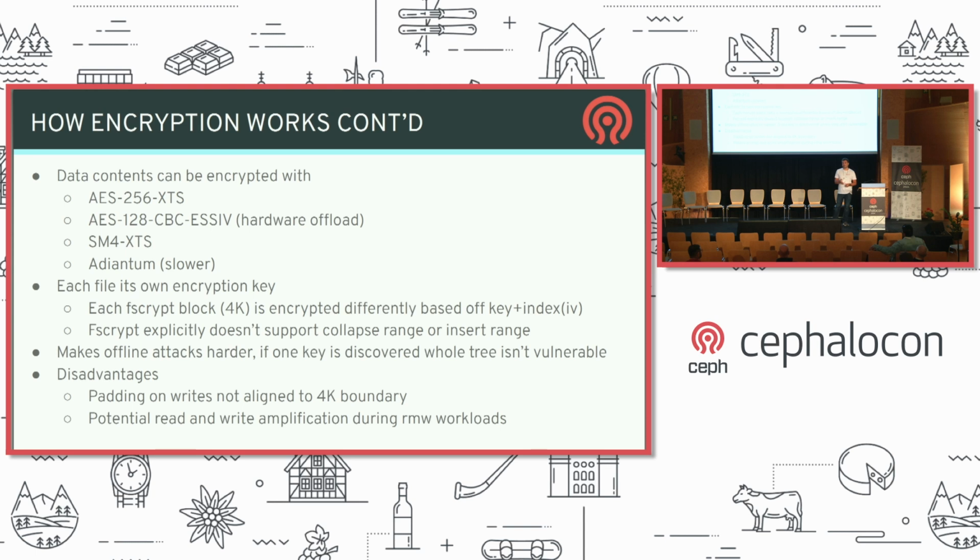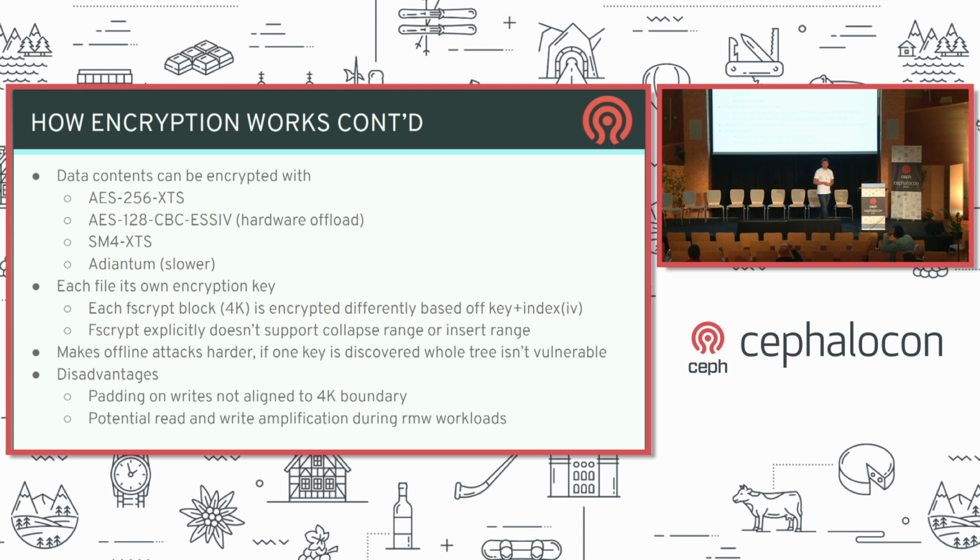And then from there, each block within the file, so think of it as an fscrypt block that's 4K, is encrypted differently based off the key and the index of that block. And also fscrypt explicitly doesn't support collapse range or insert range.